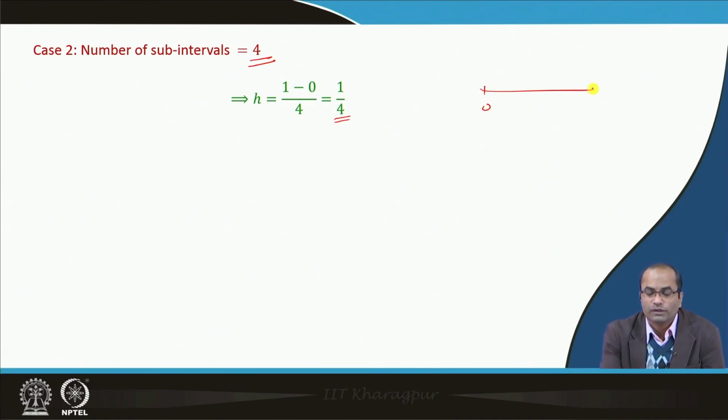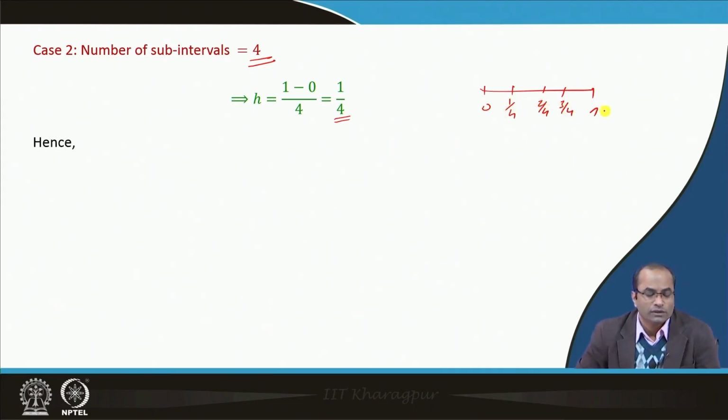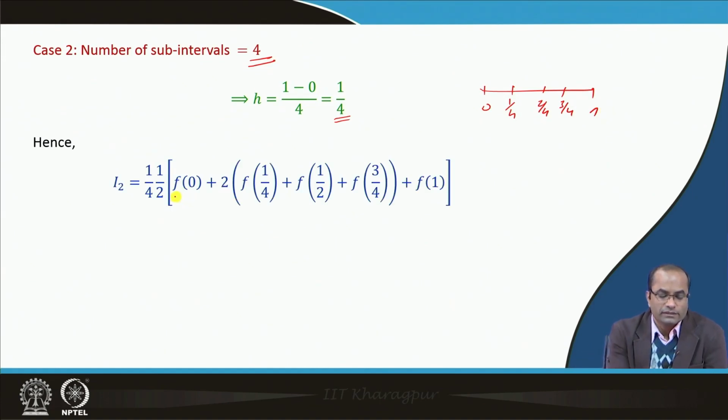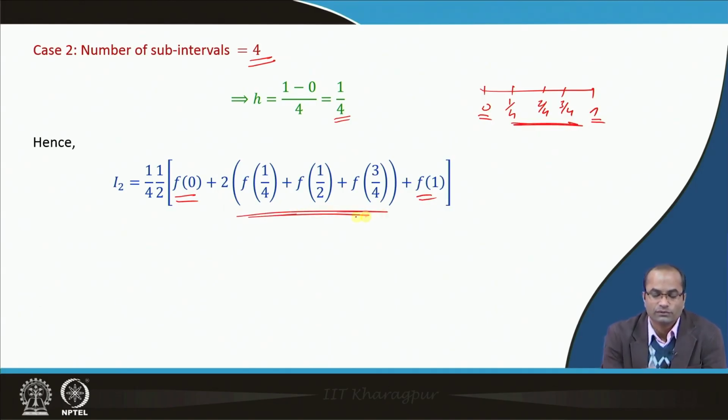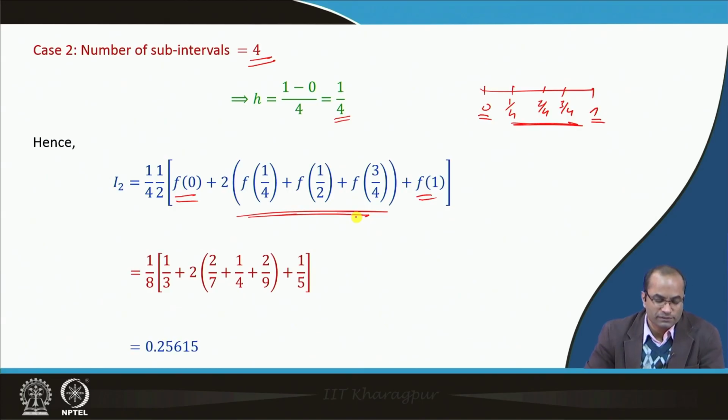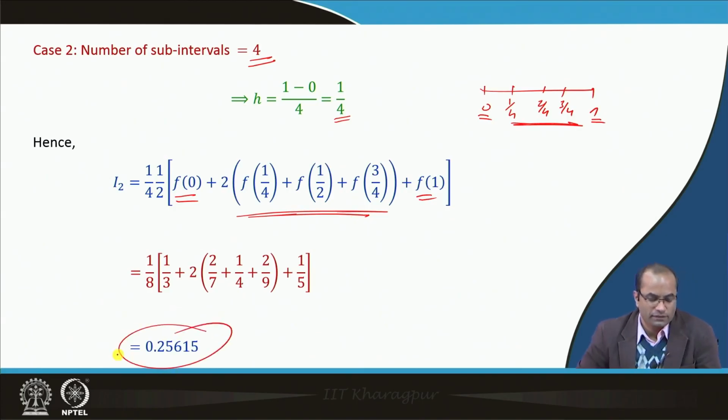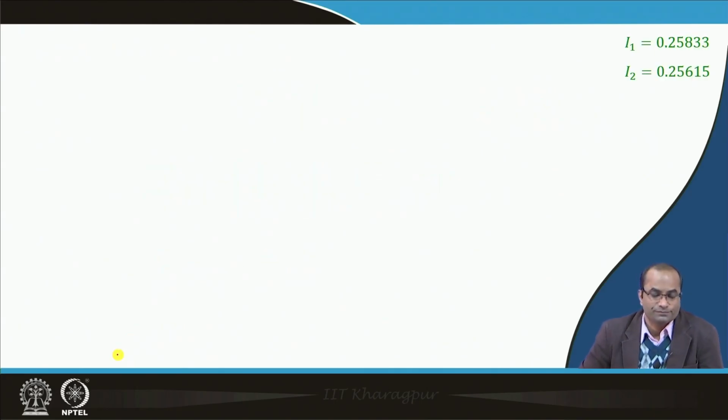When we take the number of sub intervals as 4, then our h will be 1 by 4, because now 0 to 1 is divided into 4 intervals. So, naturally the nodes are 1 by 4, then 2 by 4, then 3 by 4 and 1. In that case we can apply f0 and f1, and 2 times all internal nodes, and this can be simplified and we will get the value 0.25615.